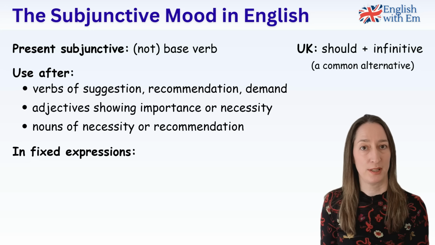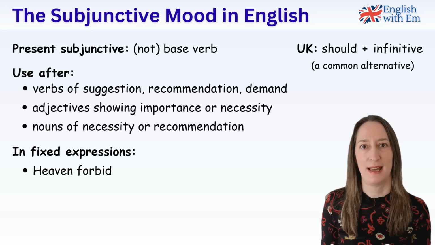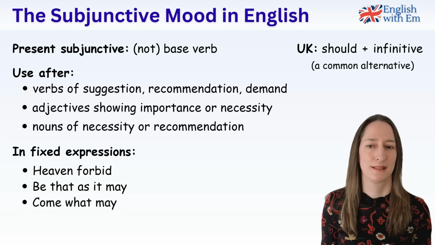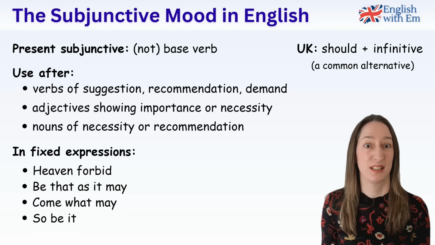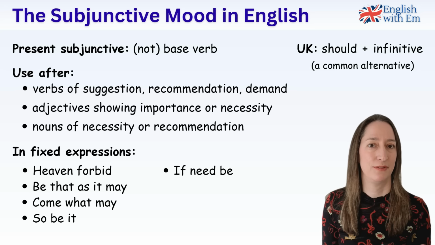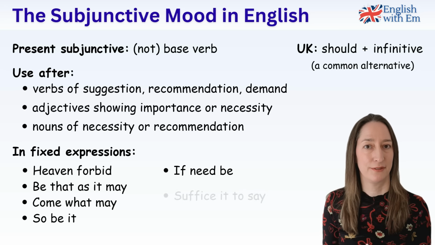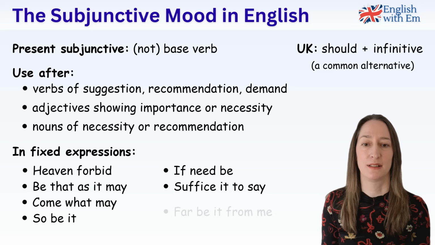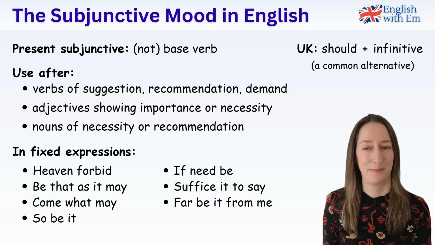In fixed expressions such as heaven forbid, be that as it may, come what may, so be it. If need be, suffice it to say, and far be it from me.